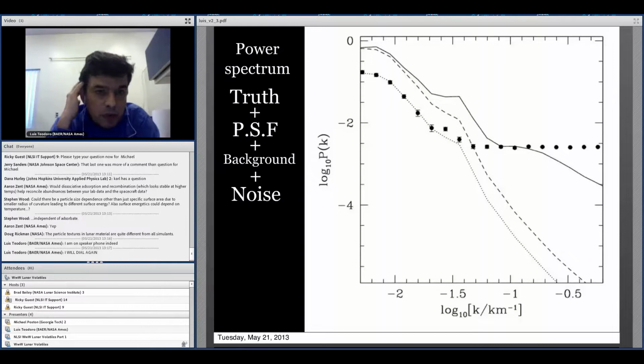The next step is to add noise. You clearly see that for small scales, the power spectrum flattens off. So we are learning from this exercise that we can quantify the scales at which the noise dominates the signal.